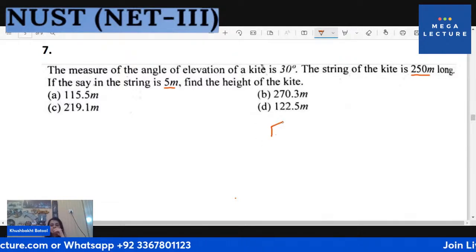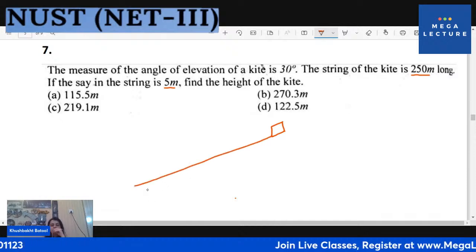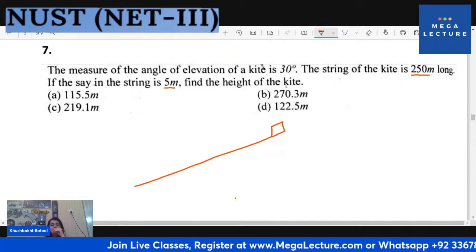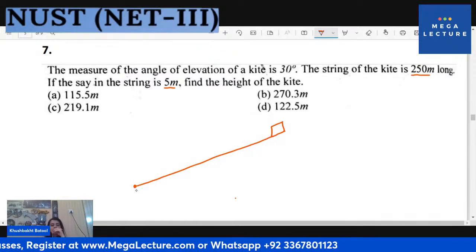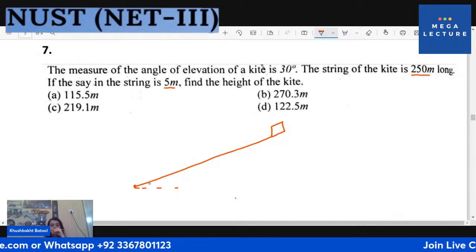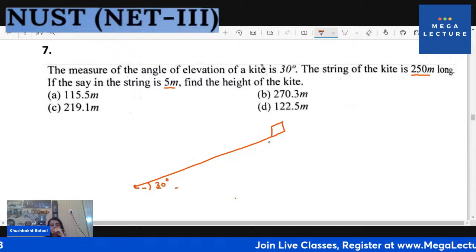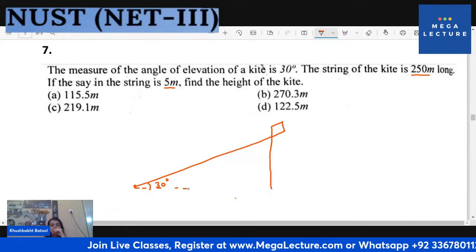So imagine that you have a kite and the angle of elevation of the kite is 30 degrees. So this is the point where the kite string is, and the angle of elevation is 30 degrees. So this would be the angle, and you need to find the height. So you need to find this thing basically.